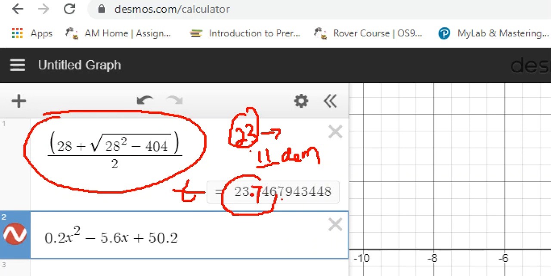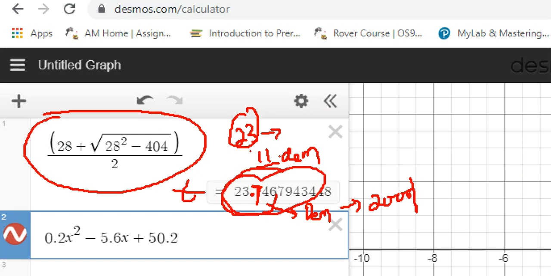That's more than December. I'm sorry, 11 means November. My bad. So 24.7 actually means December. If you hit 24, that means 24 full months are gone, and you're going into the year 2001. So this 23.7 actually means December 2001.